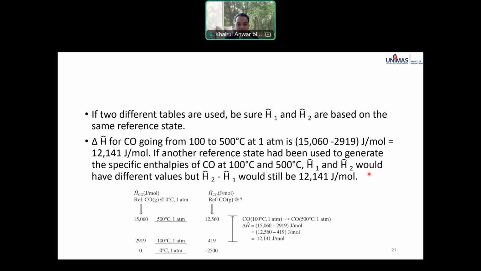If a different reference state had been used, H1 and H2 would have different values, but H2 minus H1 would still be 12,141 joules per mole. Regardless of the reference state, the change from 100 degrees to 500 degrees is always 12,141 joules per mole.